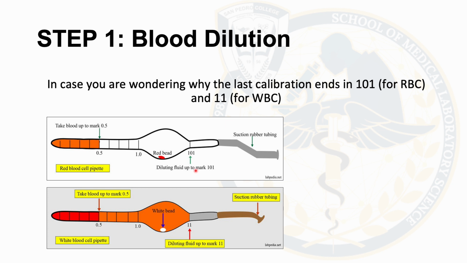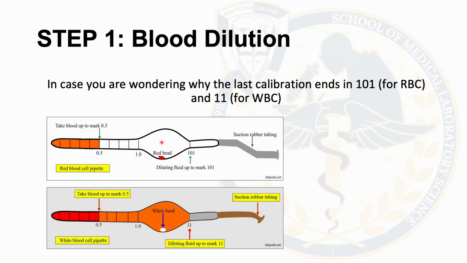So if you're wondering why 101 ang mark ng RBC pipette natin, while sa WBC is 11 ang mark niya, that's because the bulb of your RBC and WBC are totally different in volume. So mas malaki yung RBC compared sa WBC.